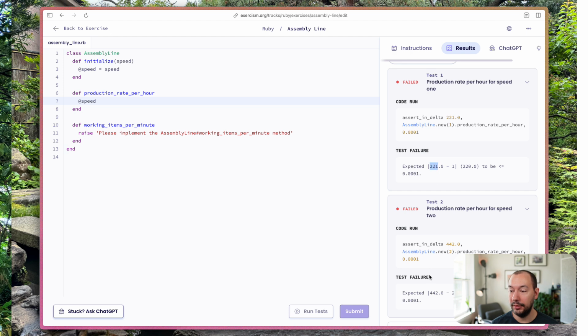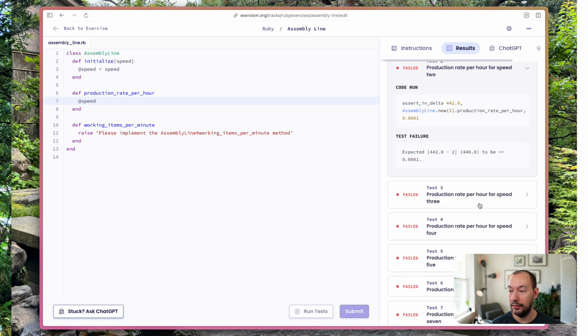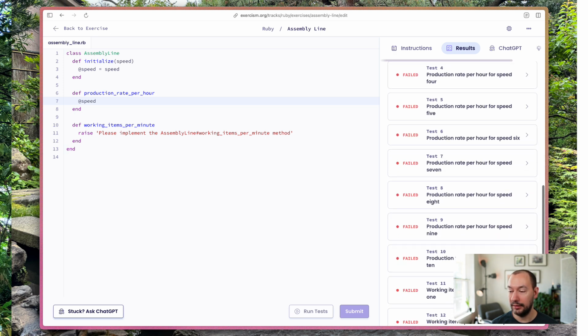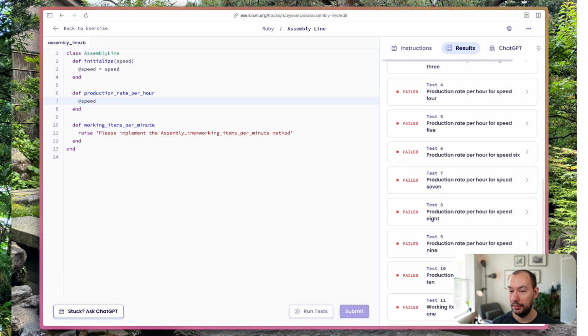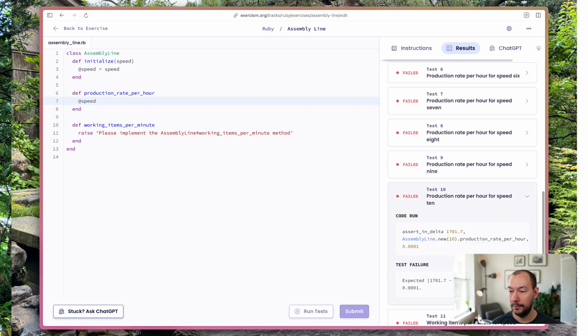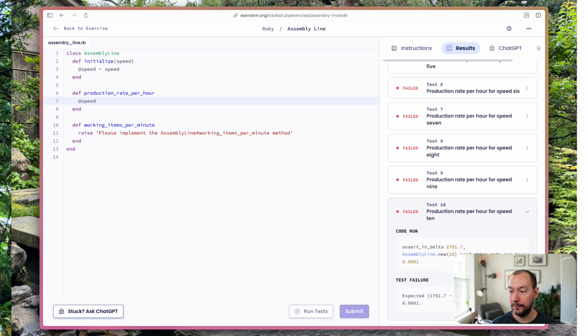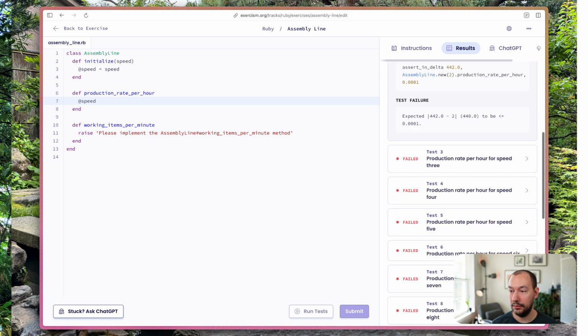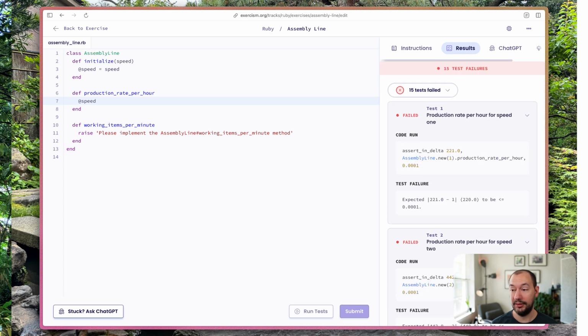Yeah, so we're expecting, okay, and then speed 3, speed 4, speed 5, speed 6, speed 7, speed 8, speed 9, speed 10. Well, interesting. We have 10 tests that are just testing speed, different speed numbers.